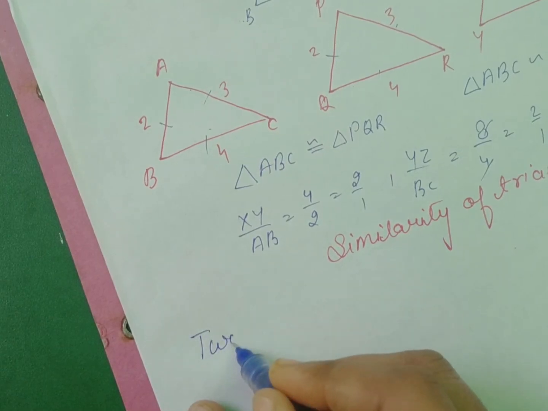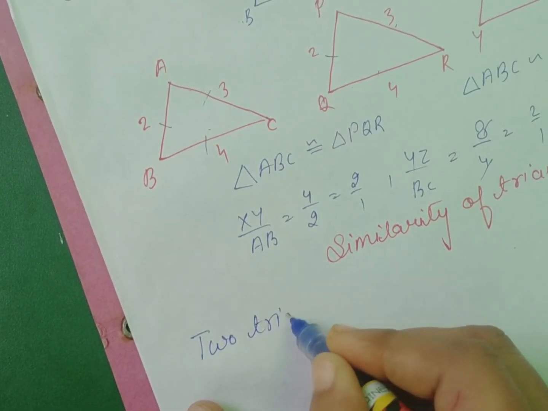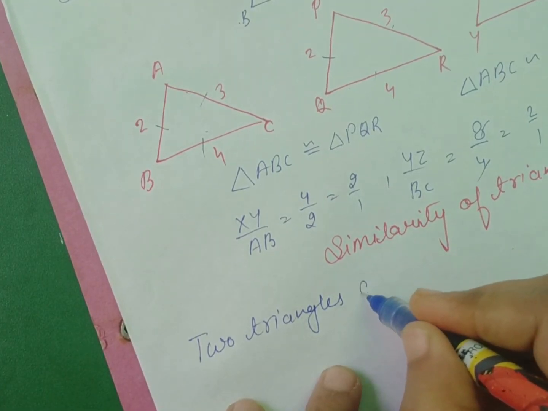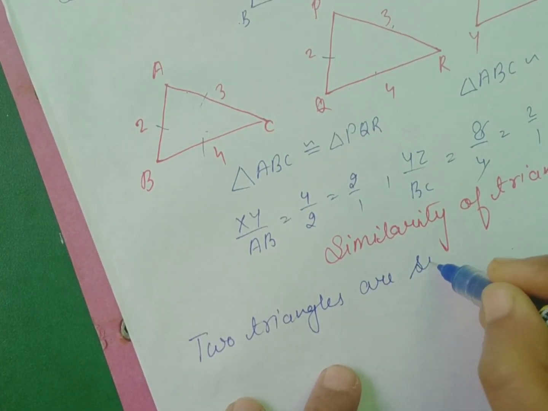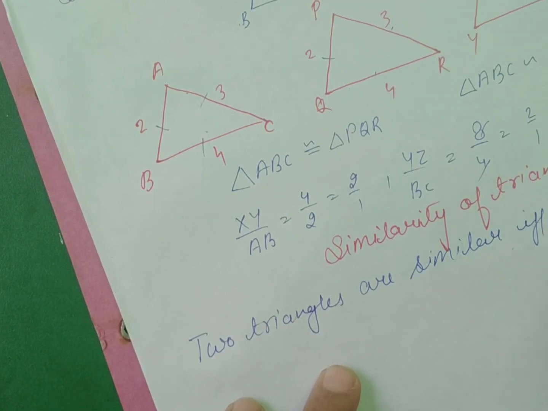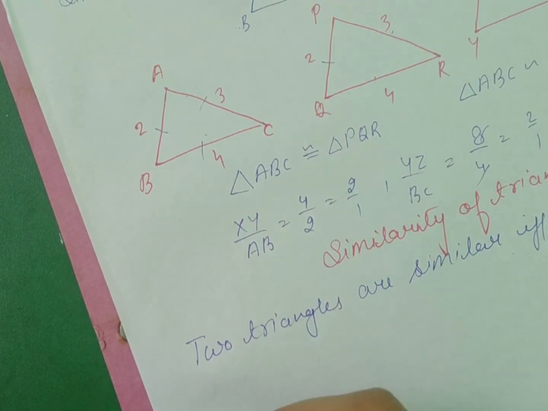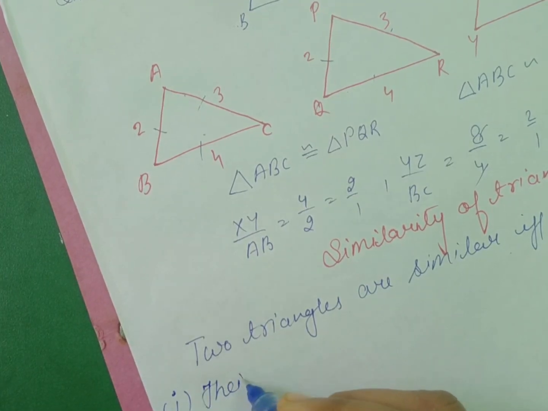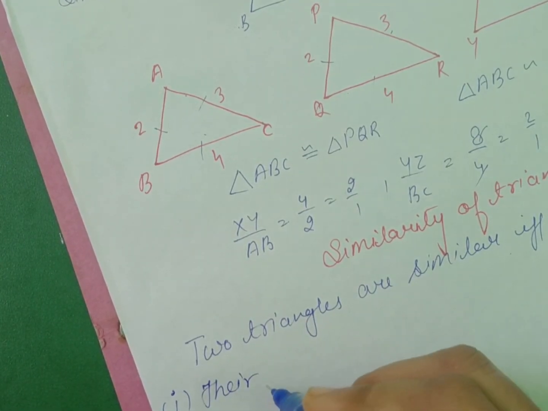Two triangles are said to be similar if and only if they follow two conditions. First one is their corresponding angles are equal.